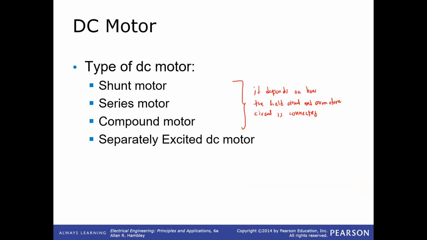We have several types of DC motor. We have shunt, series, and compound motor. Compound is actually a combination of series and shunt.